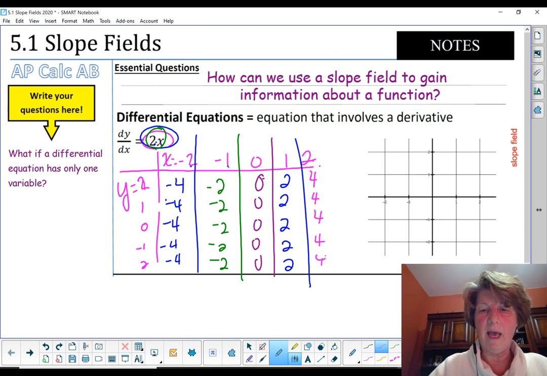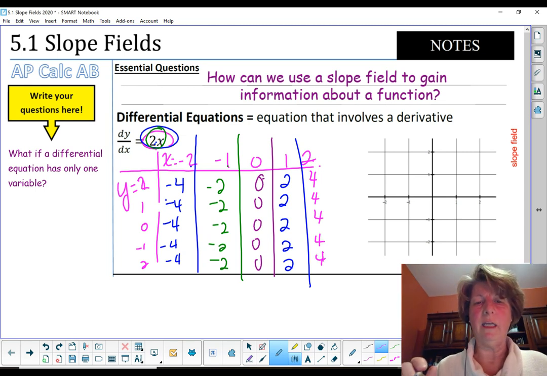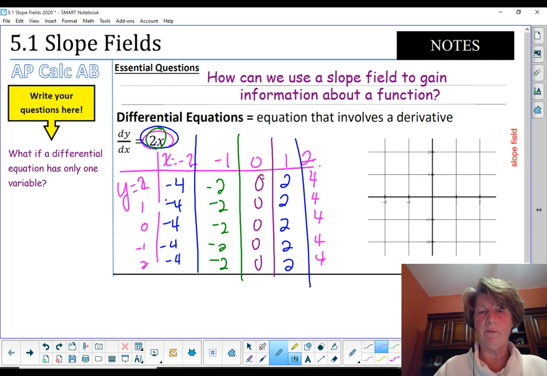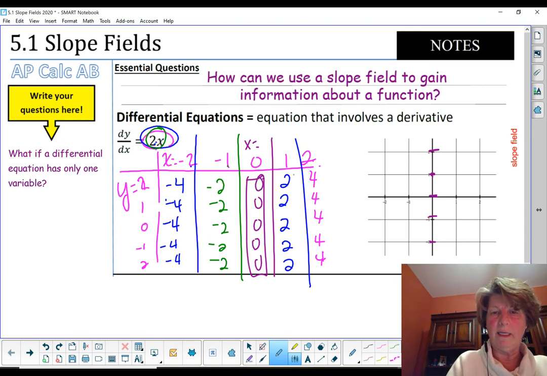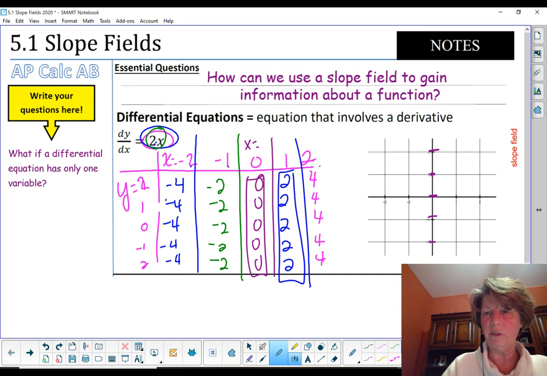Okay. Now I'm going to take those slopes and put them on my slope field the best I can. So when x was 0, I came out with slopes of 0. So when x is 0, I'm going to put a horizontal dash in here to represent that 0 slope. When x was 1, we had a slope of 2.